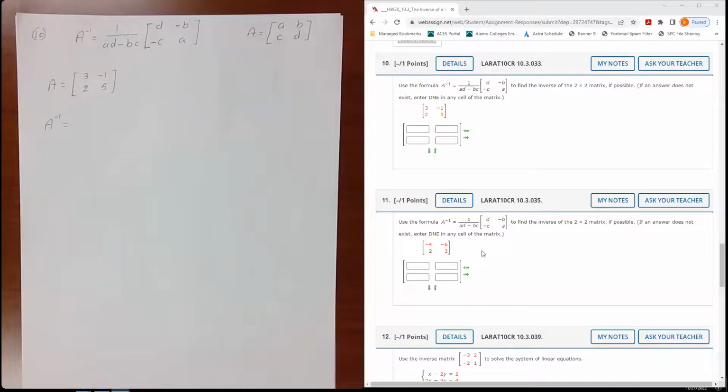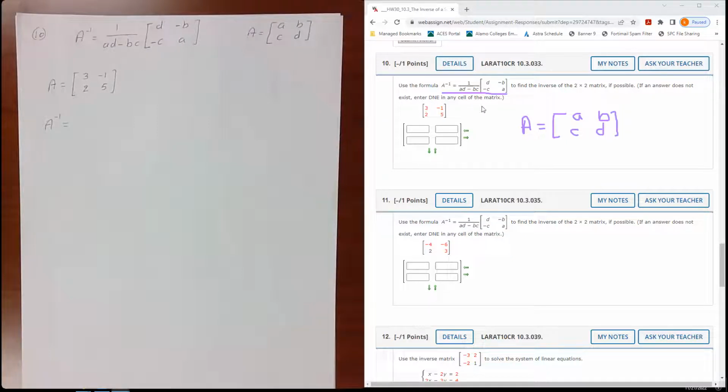For example 10, they're asking you to use this formula. And you will see we're going to use exactly the same formula in the next section, section 10.5. So the same formula here. So now for any matrix A, the elements of this matrix are A, B, C, and D. So here are the elements for the matrix.